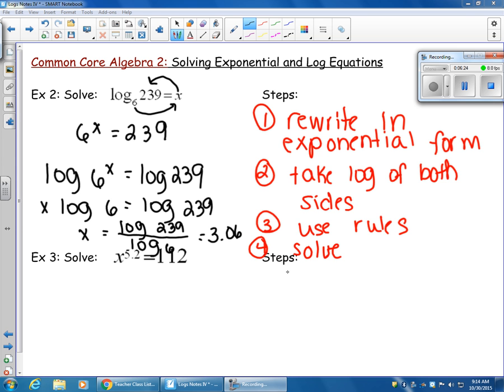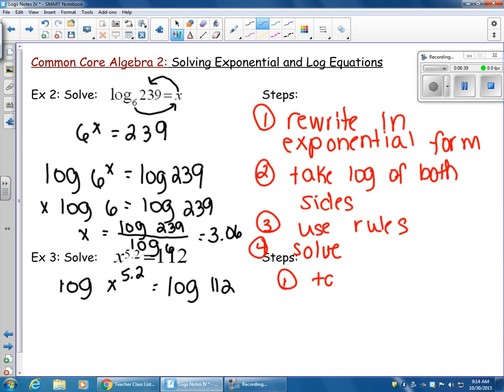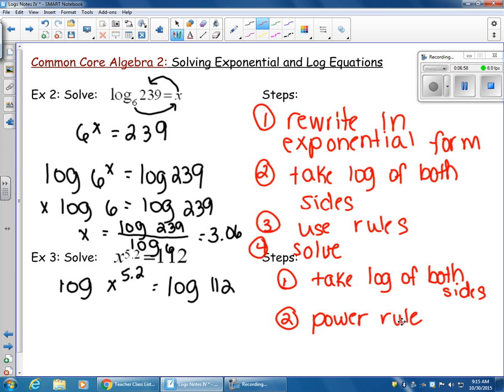So we're going to take log of both sides. Use your power rule for the exponent.